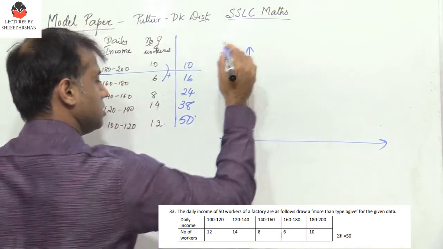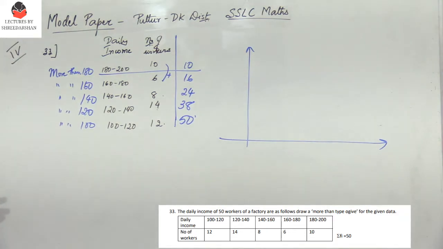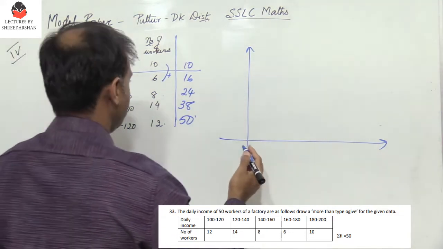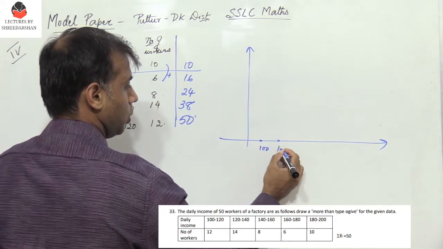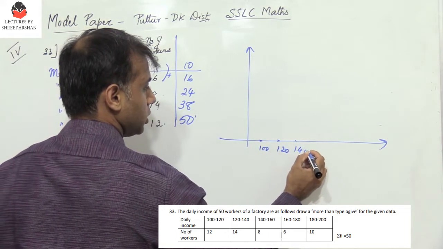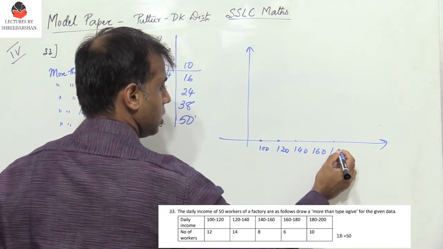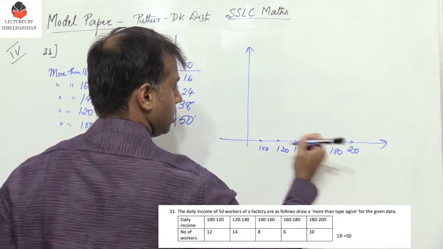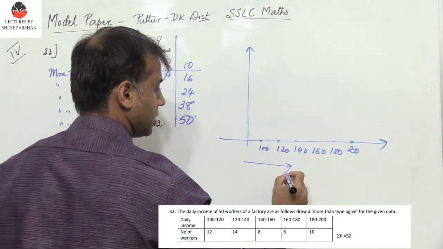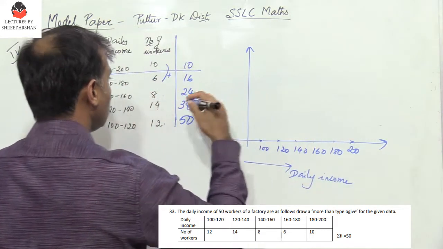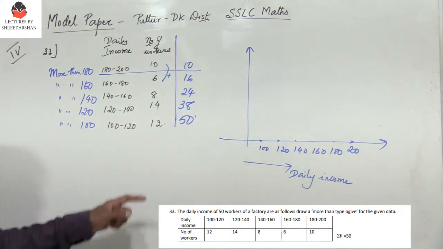So to draw the more than type ogive, you have the x-axis and the y-axis. On the x-axis you have the income, varying from say 100, 120, 140, 160, 180, 200. This is the daily income along the x-axis. And along the y-axis you have the number of workers.